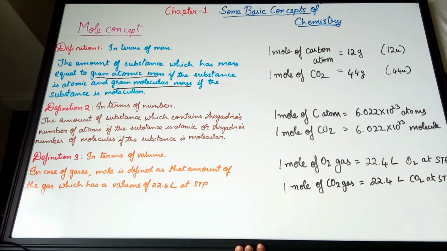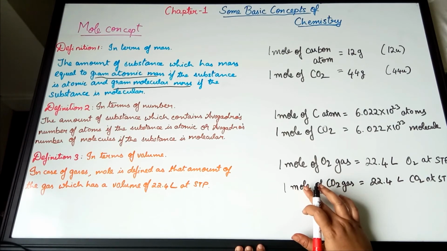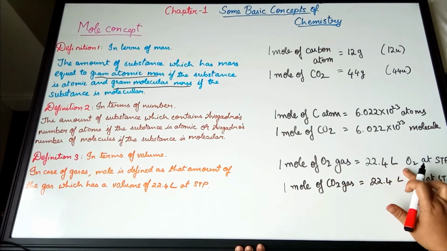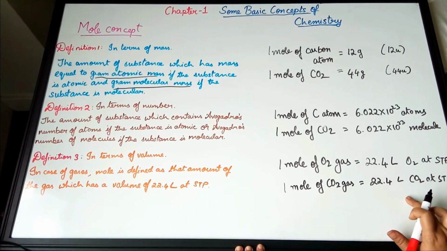And in terms of volume, in the case of gases, mole is defined as the amount of gas which has a volume of 22.4 liters. So 1 mole of oxygen gas will have 22.4 liters. 1 mole of carbon dioxide will also have 22.4 liters, but here it will be oxygen at STP, and here it is carbon dioxide at STP.